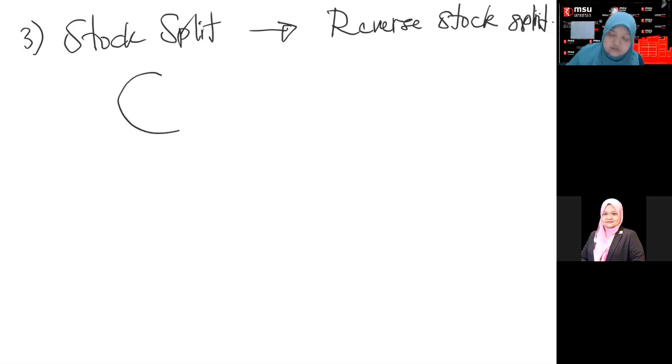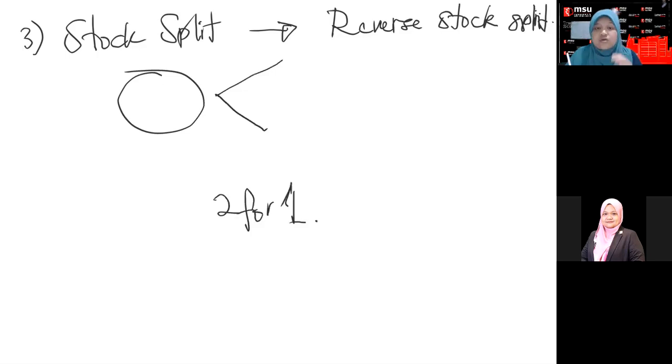For example, let's say a unit of share is like this. When a stock split happens, for example a 2 for 1 split, it means that from one share it becomes 2 shares.